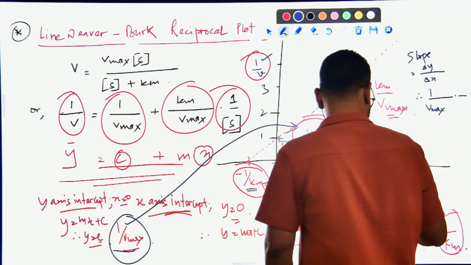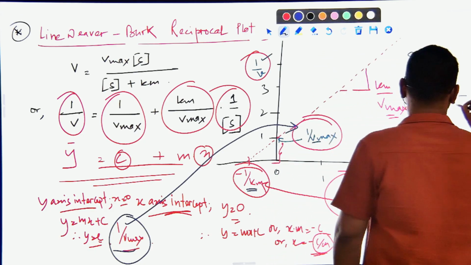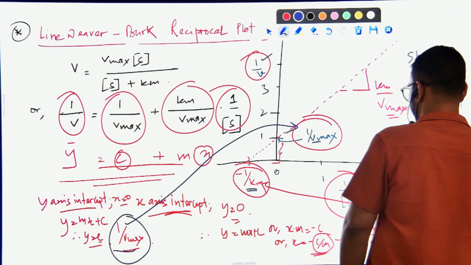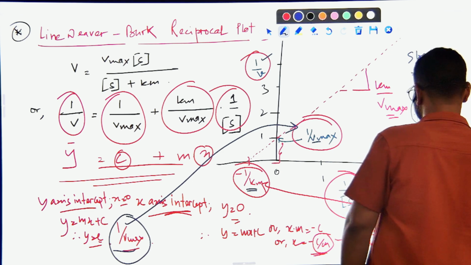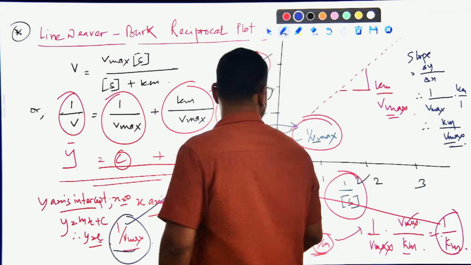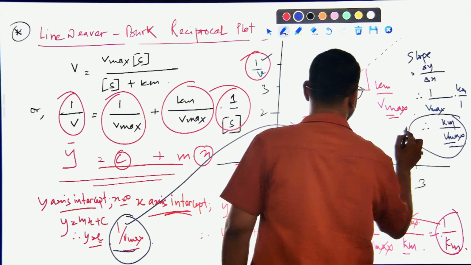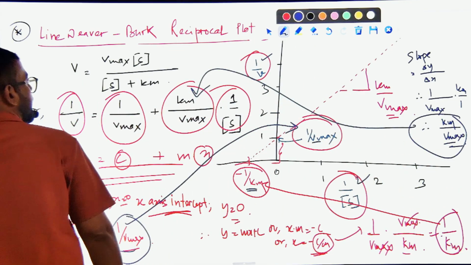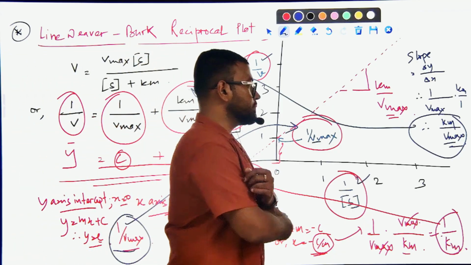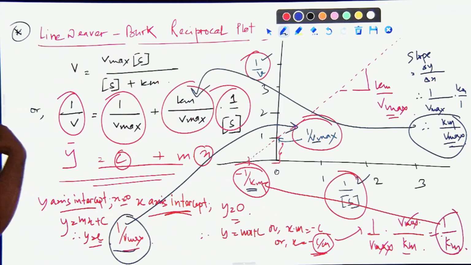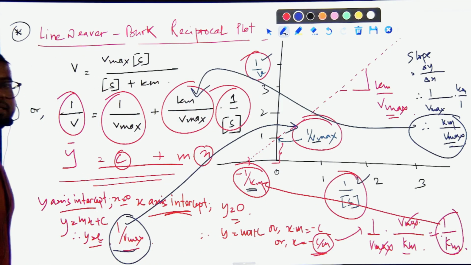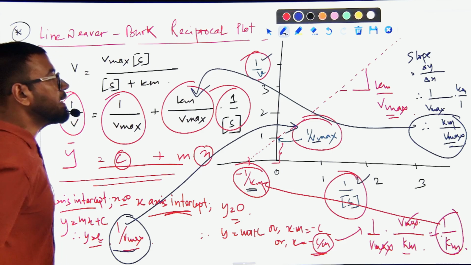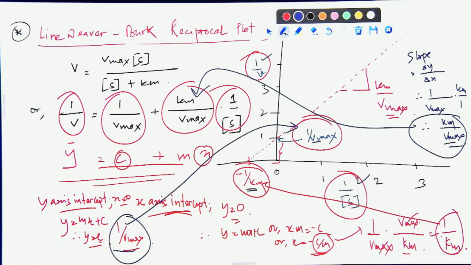So, Km by 1, therefore coming to Km by Vmax. So this is how the slope m is determined. This is the basic calculation of how we usually determine slopes.